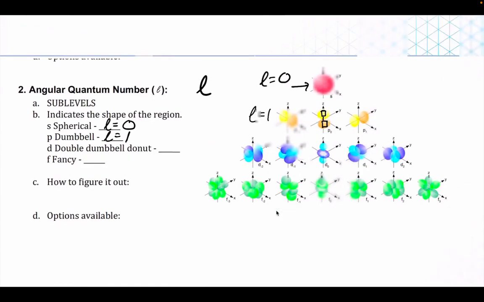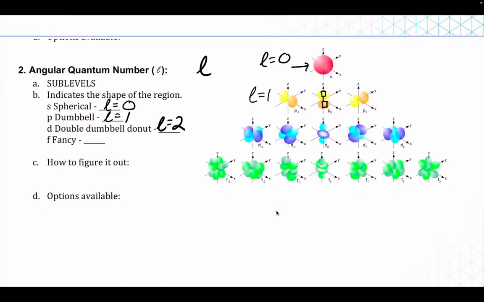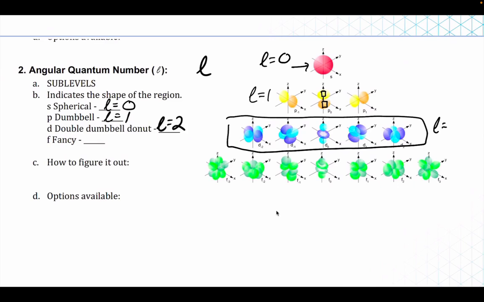If L equals 2, then we're talking about these blue, which are the D sublevel shapes. And then if L equals 3, and L only goes to 3, then we're talking about this last group where they're really pretty intricate, so we call them fancy.